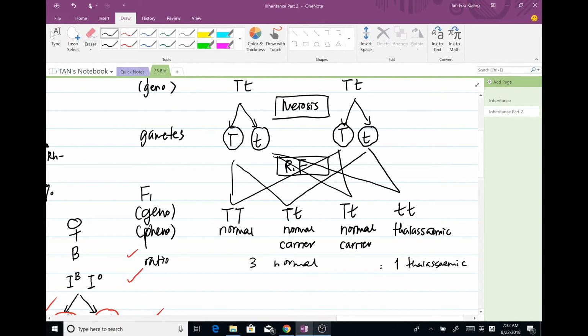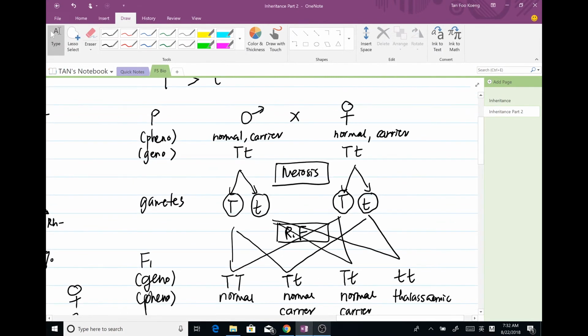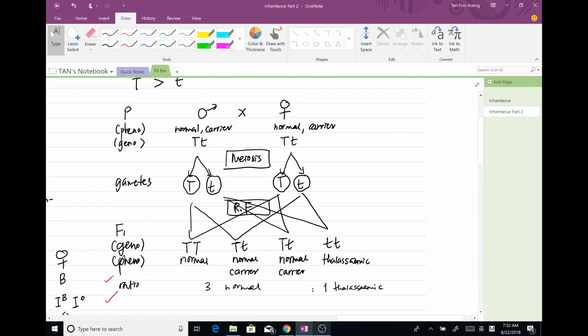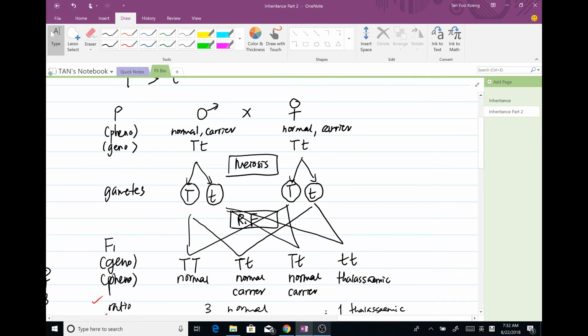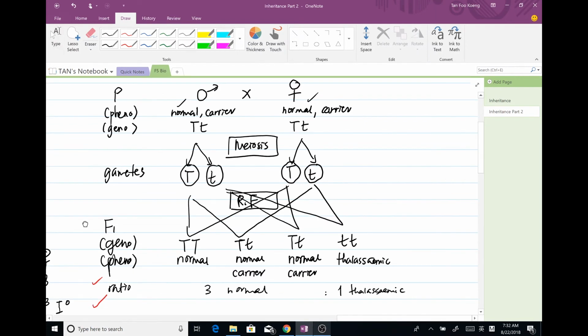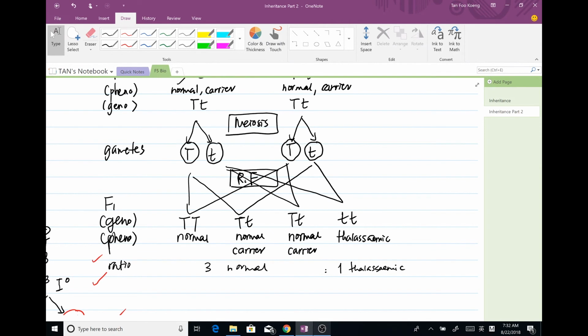So what does it suggest here? It is always advisable to do a blood test to determine whether you are a carrier of thalassaemia before you get married. Because from the appearance, we might appear normal, but who knows that we are actually carriers of that mutated or recessive allele, and it might lead to our children having thalassaemia, even though the percentage is not high, it's 25%.